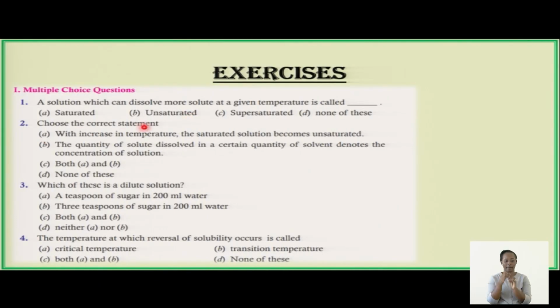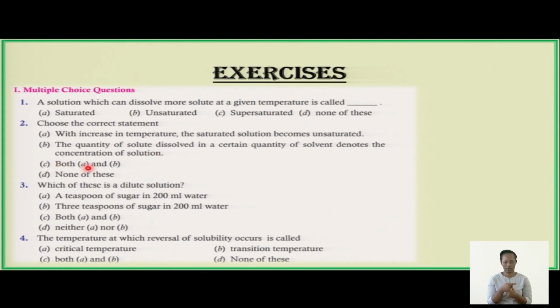choose the correct statement. A, with increase in temperature, the saturated solution becomes unsaturated. B, the quantity of solute dissolved in a certain quantity of solvent denotes the concentration of a solution.